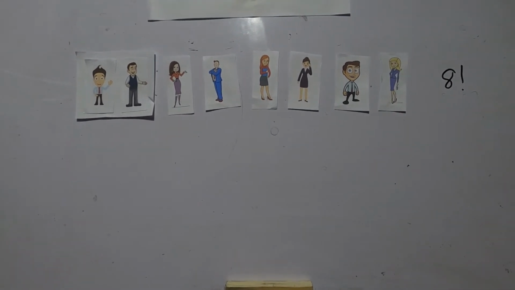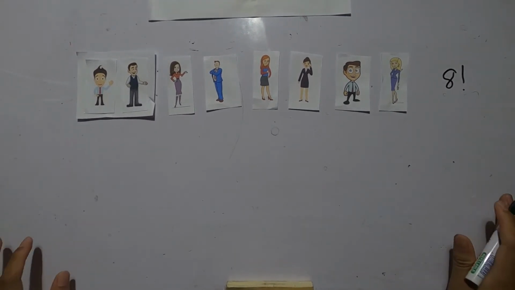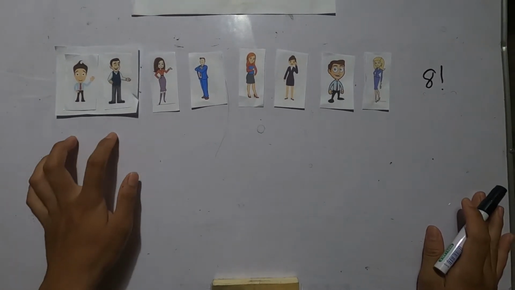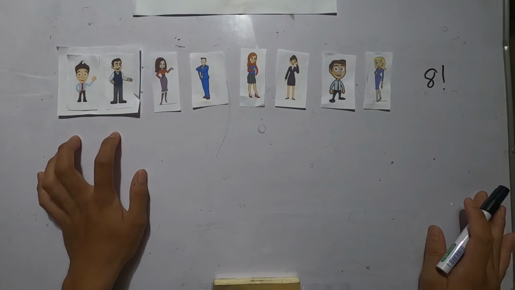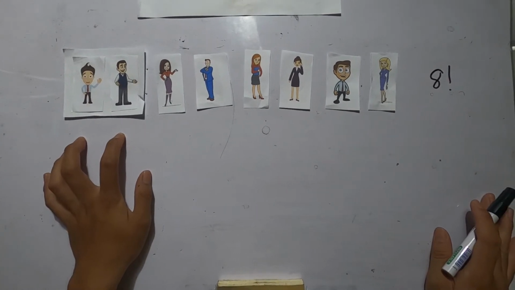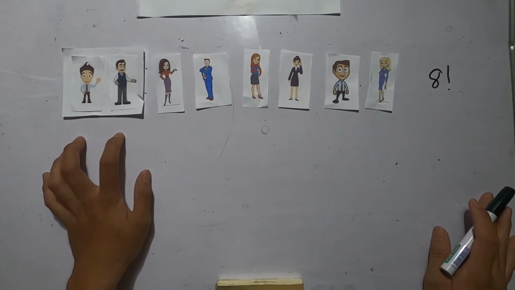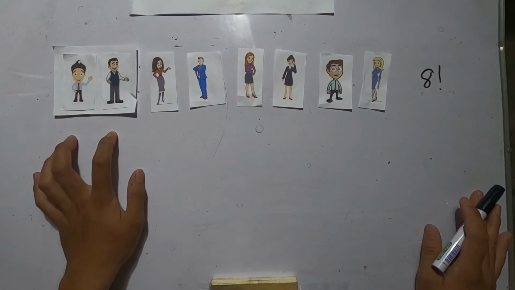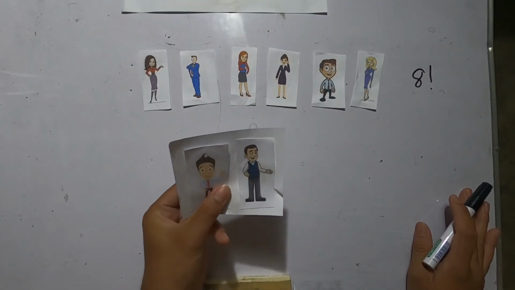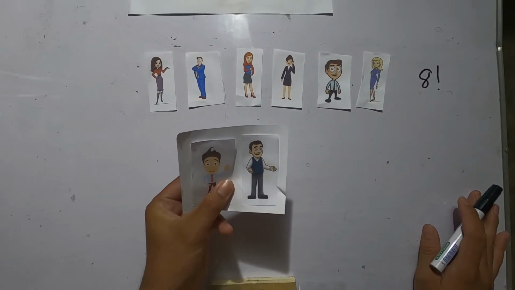To illustrate, I have here cut out pictures to easily show the scenario. Let these 2 individuals be the persons who want to be seated side by side. Since they want to be seated side by side, it is easier to illustrate if we represent these 2 individuals as a group or as one.